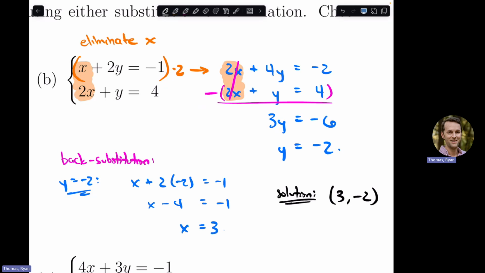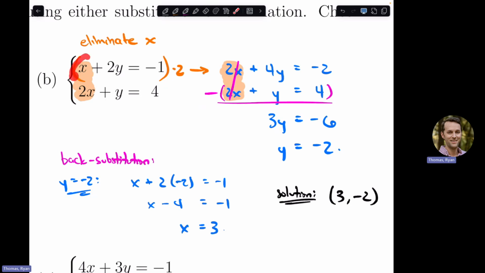You can also substitute here, right? If I was going to do a substitution, I would probably want to pick either this or this to solve for, because then at least I don't have to divide. If I solve this for x, I have to move stuff around, and then I also have to divide the whole thing by 2. I end up with something kind of like this that I then have to manage, and it just makes the arithmetic a little messier.